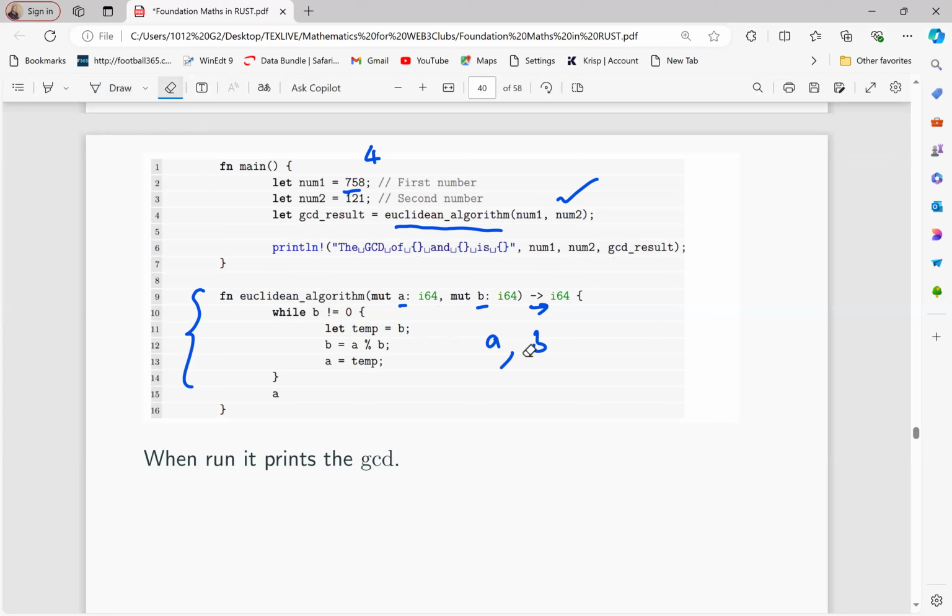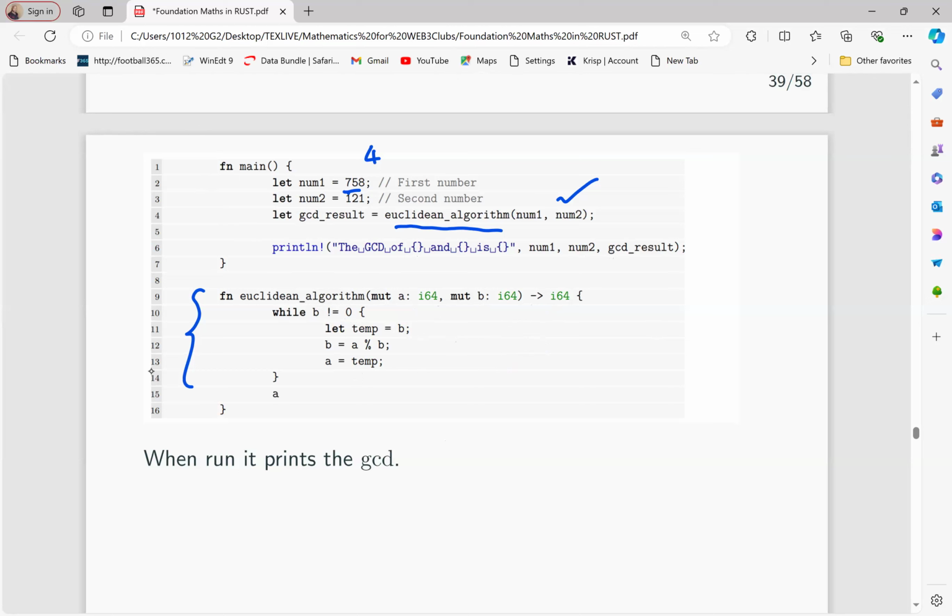So what is inside? What is happening here? Let's look at what is happening. B is stored temporarily. You let B be temporal. So for instance, this is our B, 121.